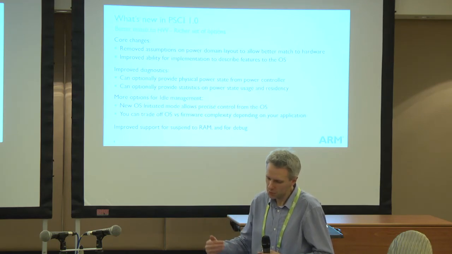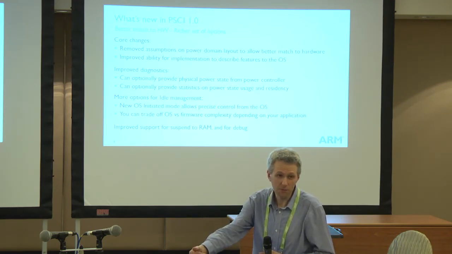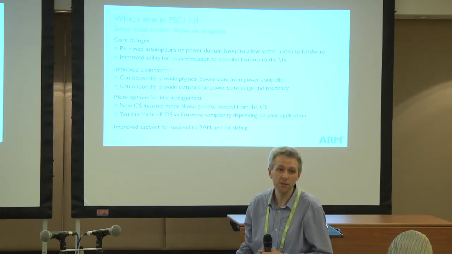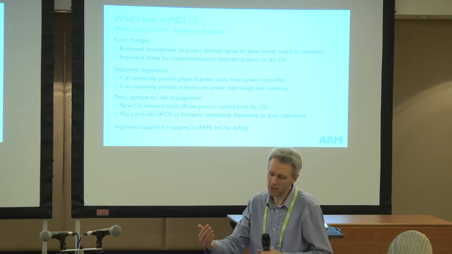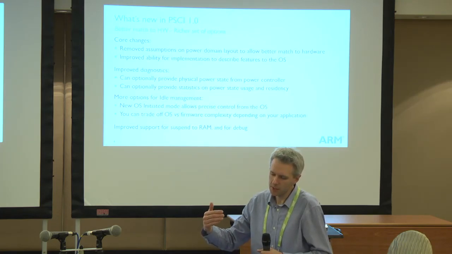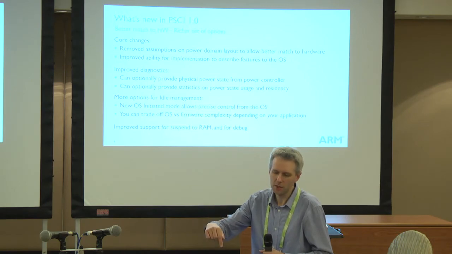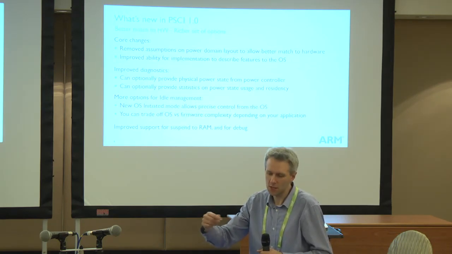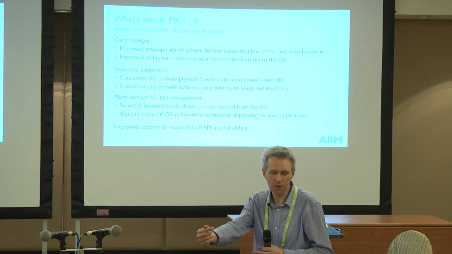One solution is to push some of that logic down into the firmware and actually have the peripheral voting done by the firmware rather than in Linux. Another solution is the OS initiated mode, a different approach which says that instead of allowing the firmware to work out the result of all the voting, the OS gives a precise request that says put these parts of the hierarchy into this state.